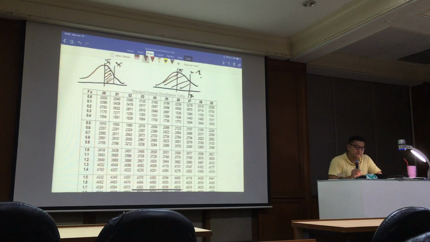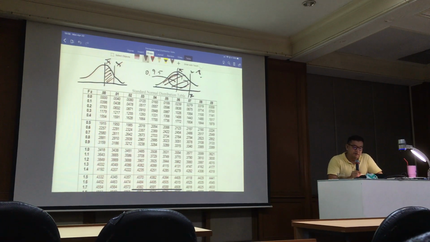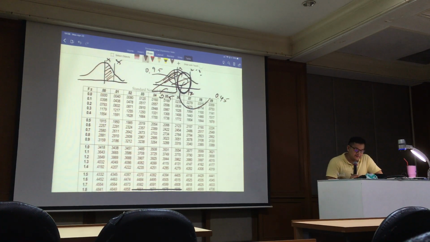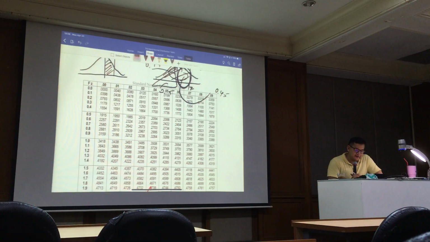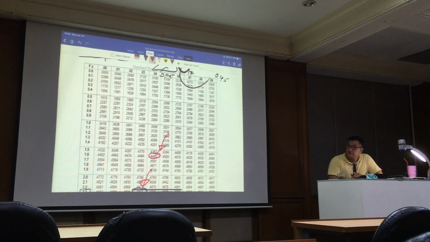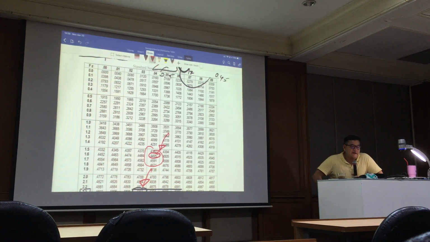You want 95%. You know that half of this is 0.5, so you just open the area of 0.45. We look into the table, and this one is very close to 0.45, the red one here, 0.4495.